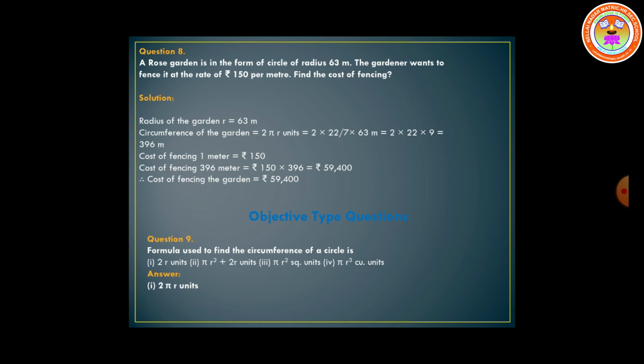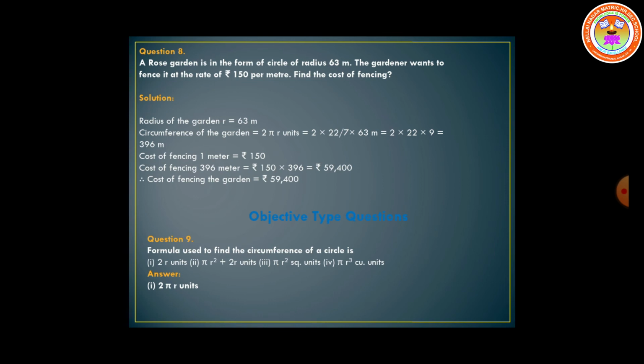The numerator 7 and the denominator 7 have a common factor 7. How many times 7 ones are 7? 63, how many times? 7 nines are 63. 63 cut, you put 9. 2 into 22 into 9 is equal to 396 meter.